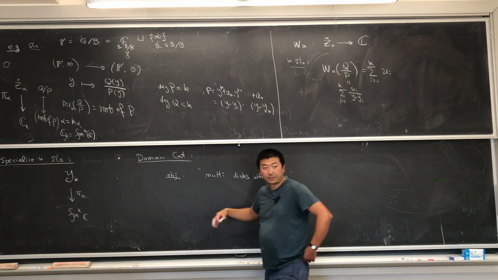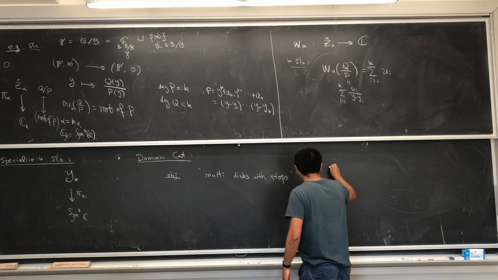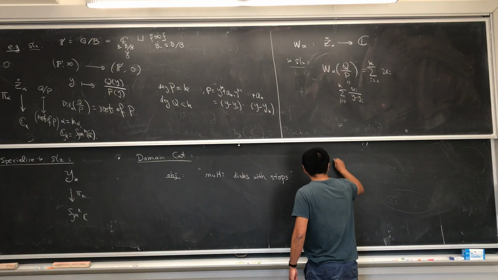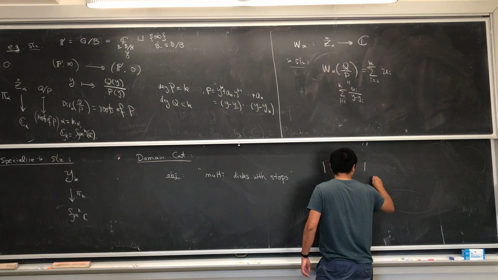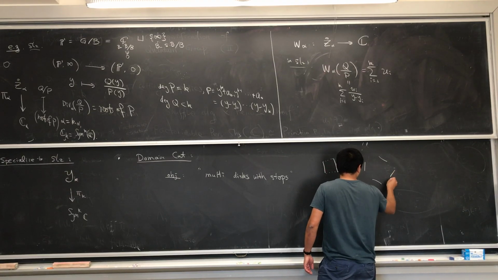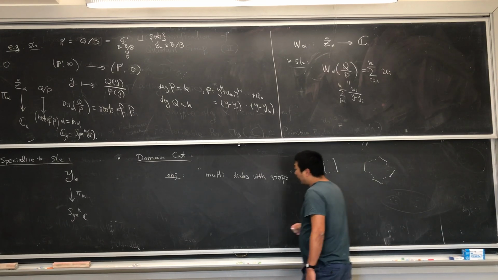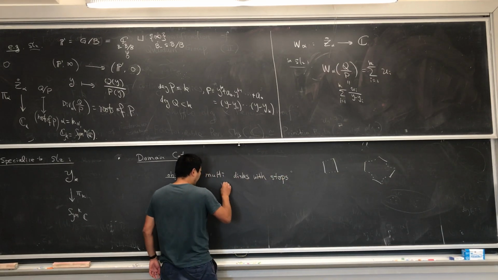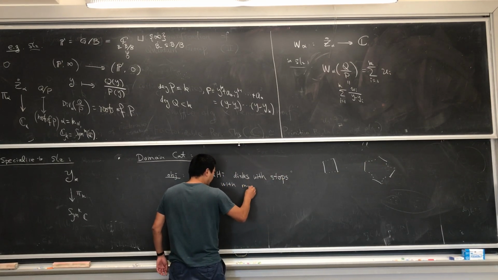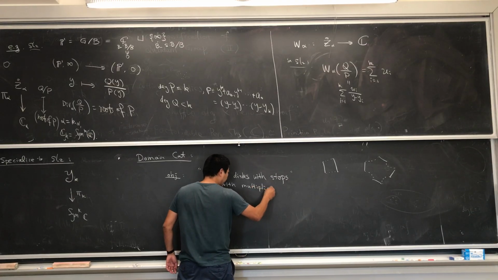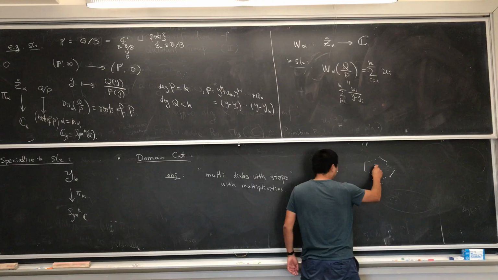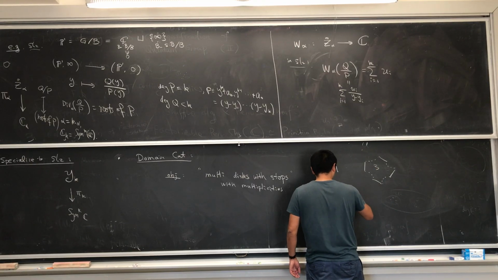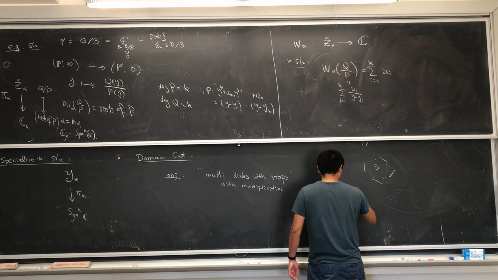Here, multi means you can have several such disks, and I will draw this disk with stops like this, and also with multiplicity. I can put a number 2 or 3 or something like that.